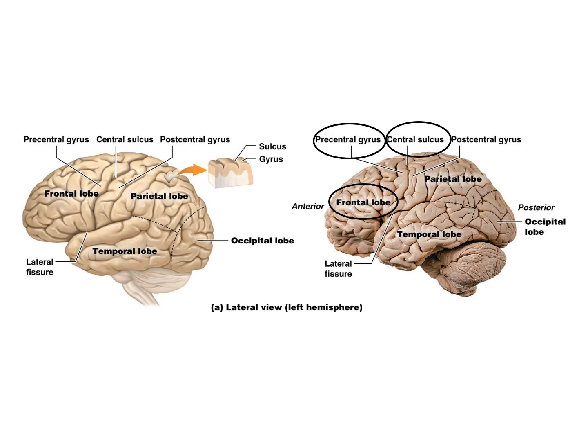So in this figure here, we see the frontal lobe, and we see the central sulcus at the posterior boundary of the frontal lobe. Now, the gyrus immediately anterior to the central sulcus is the precentral gyrus. Over here is the precentral gyrus, and it has important functions which we'll talk about in a little bit.